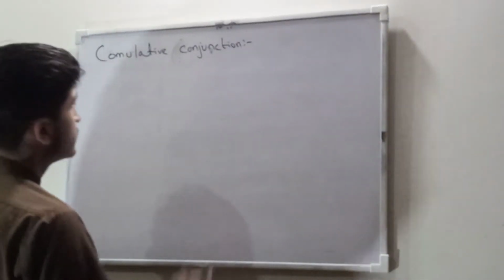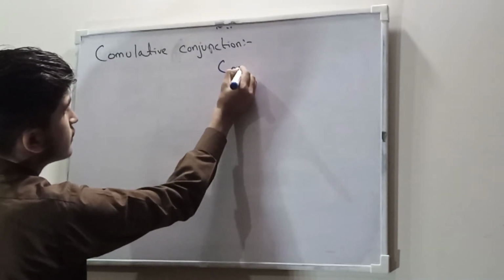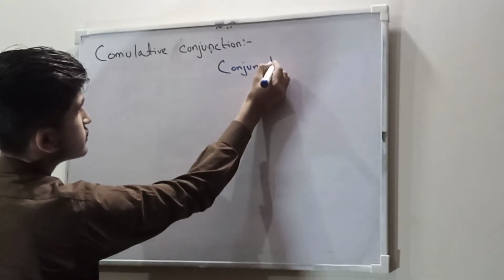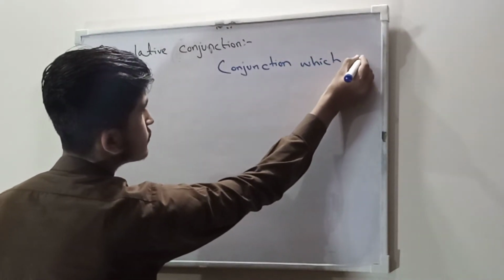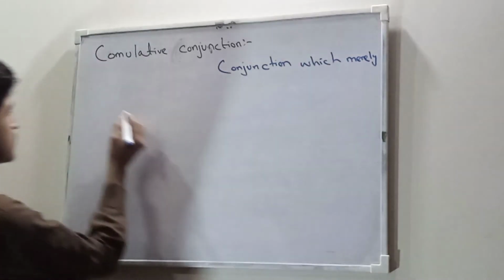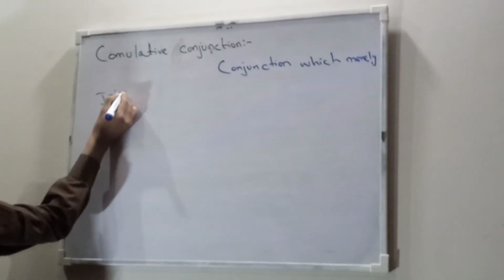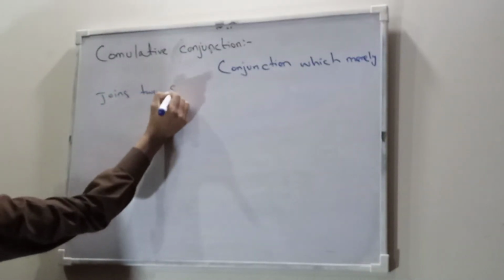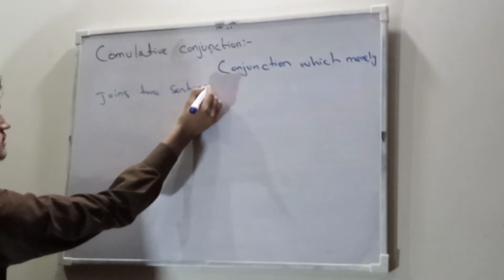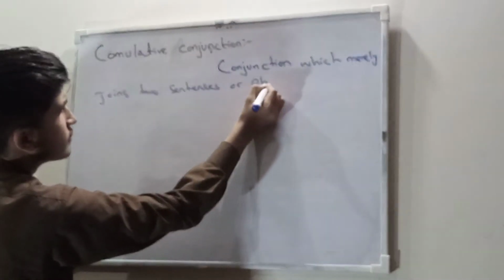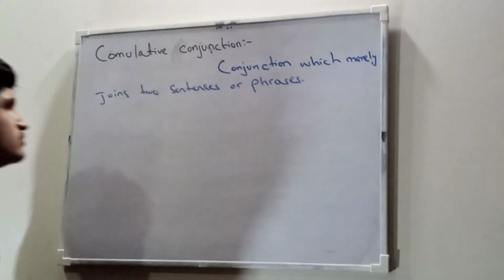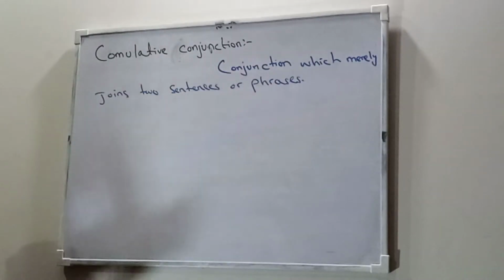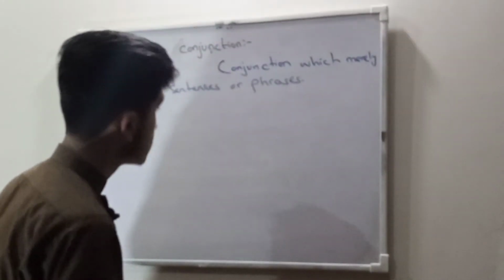It is a conjunction which merely joins two sentences or phrases. A conjunction which merely joins two sentences or phrases is known as cumulative conjunction.